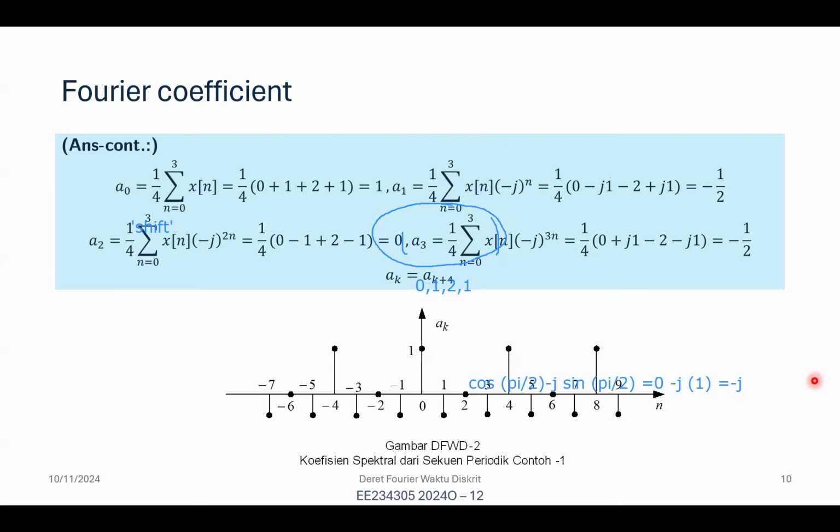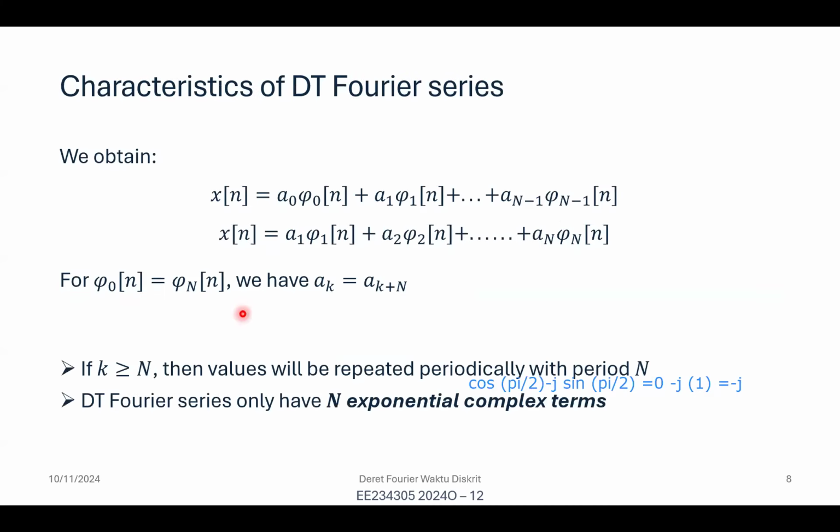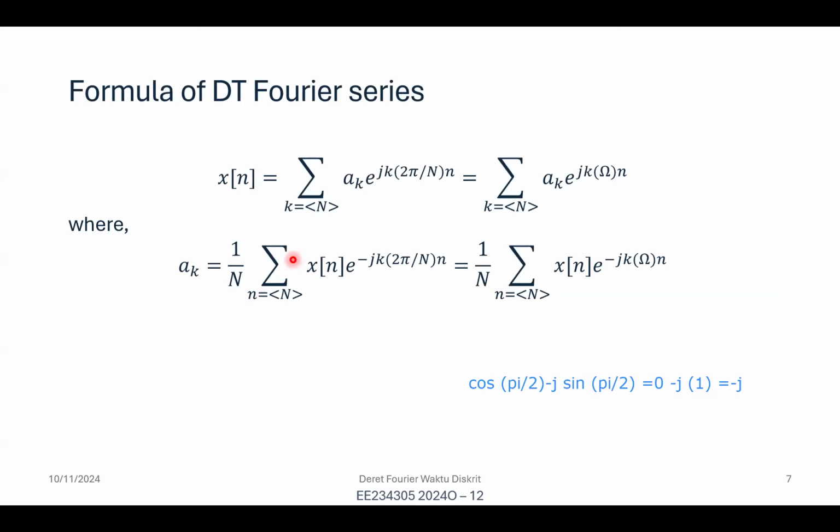So if we remember, the Fourier coefficient is done by just plugging in this value. So a_k here is just 1 over N times the sum of x[n] times e to the power of minus jk omega n.